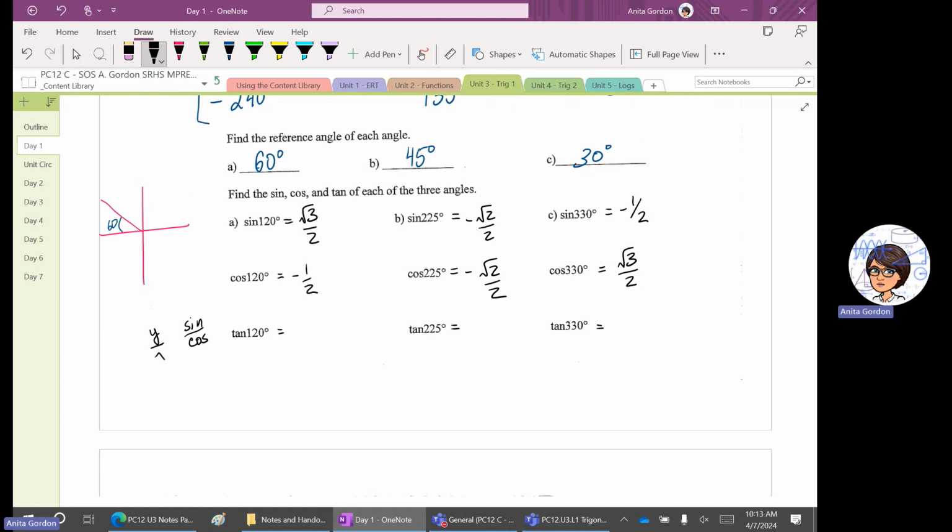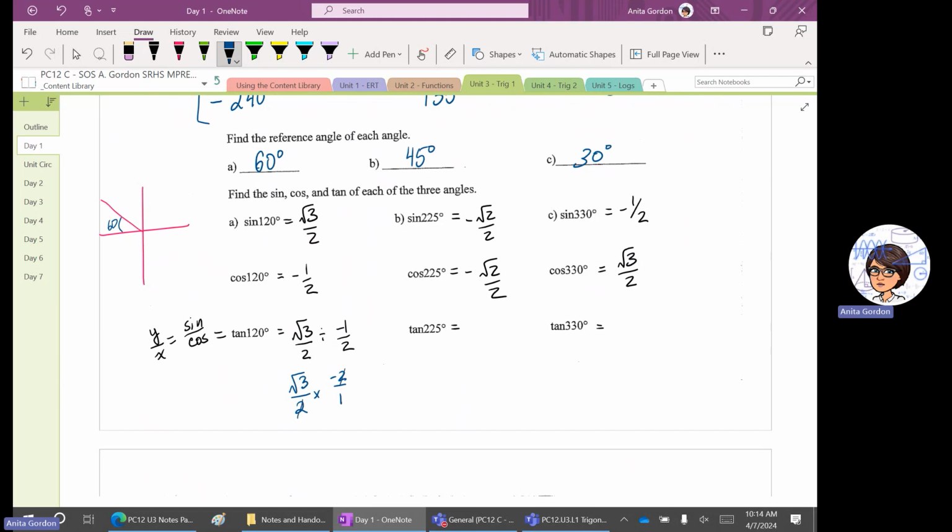Or y over x. This is the slope of the line that we have here. So sine √3/2 divided by -1/2. And the way that we divide fractions, remember, we've got to flip and multiply the second one. So this is √3/2 times -2/1.